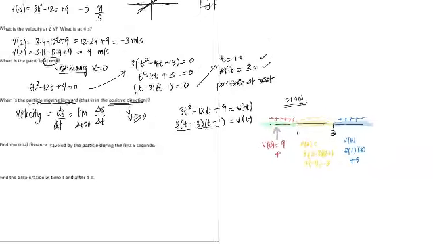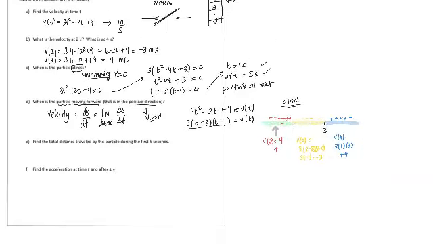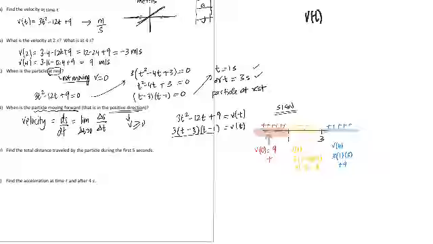Okay, and if you're wondering, if you just check one point in each of these intervals, how can we be sure about the whole interval? Well, the reason is that the velocity is continuous, right?